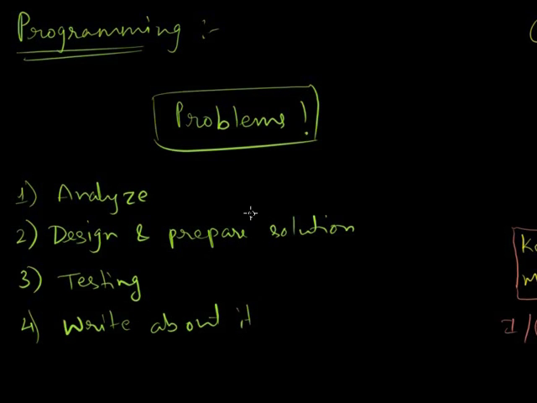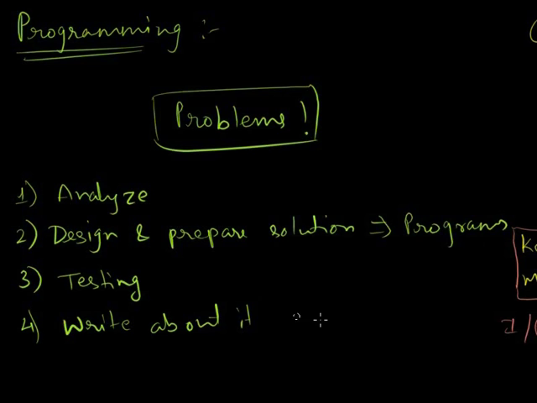But this process is also applied in computer science. Any problem you have to solve using a computer, using programming, what you do is analyze the problem, you design and prepare the solution, which is in the form of programs. And after that, you test it. The testing phase comes under that. And after testing, you write about it.